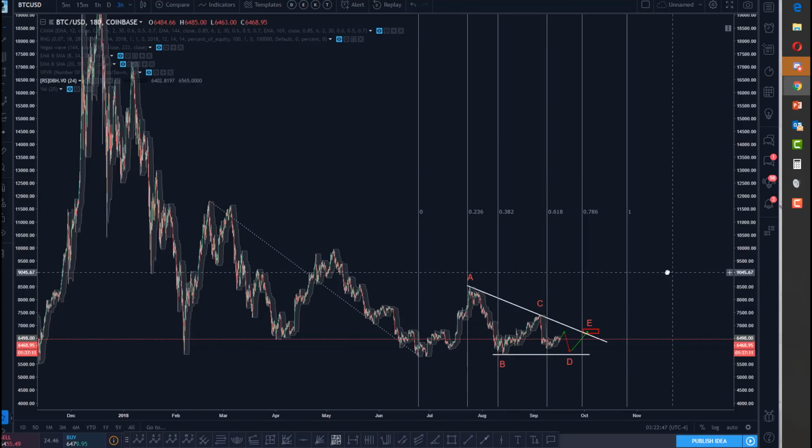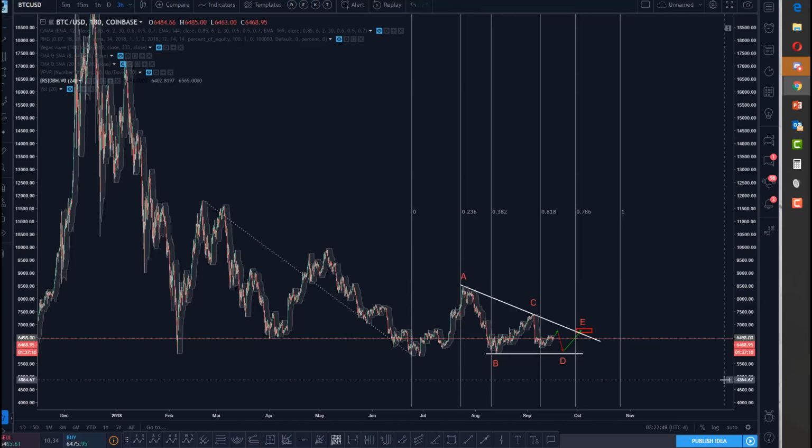Well, if this is not proof that we live in a Fibonacci world, I don't know what is. 382 pretty much nails the A and the B to the tick. 618 is not far off the C. It certainly nails this downward move here. But the 786, to me, is a very possible landing spot for either the E or the D.